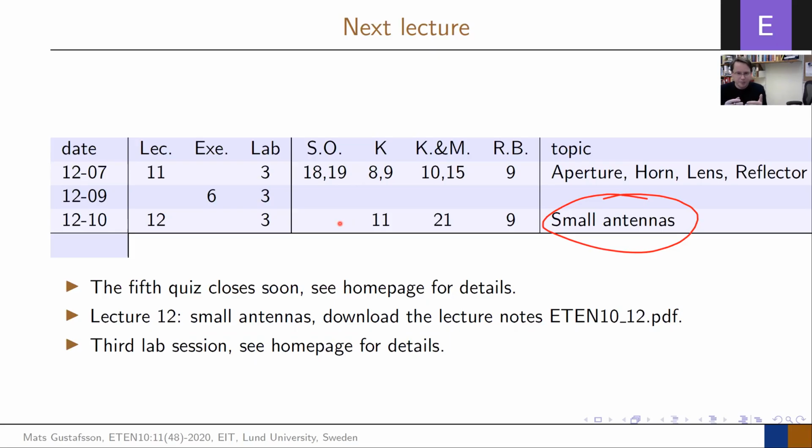So we go up to 60 gigahertz, 100 gigahertz. They are not physically small, they are small in a different way. And in the lecture on Thursday we will look at what this miniaturization of antennas means, because it's there and it will continue to be with us for many years to come, especially these electrically small antennas. When you shrink your antennas below half a wavelength, what is the price we have to pay for that?